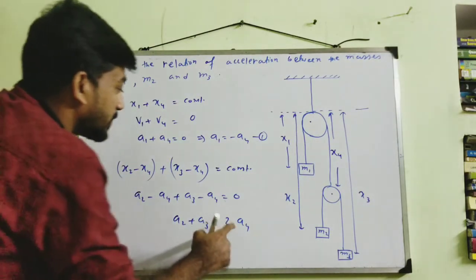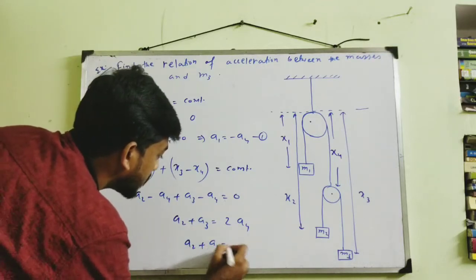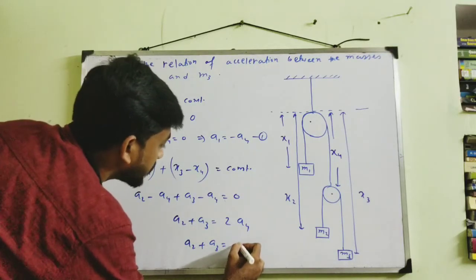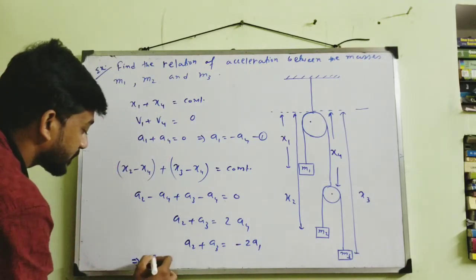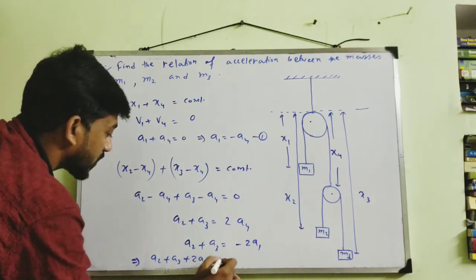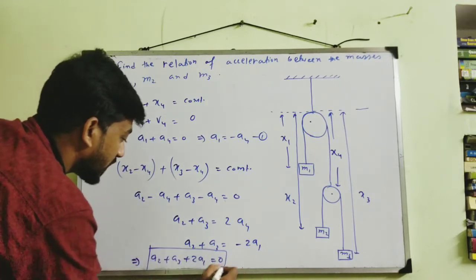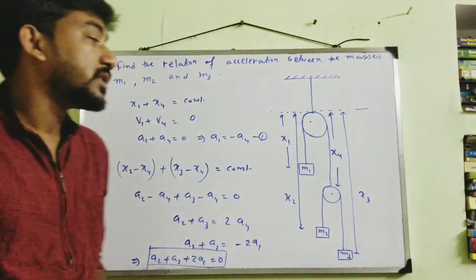So a2 plus a3 equals 2 into minus a1, that is minus 2a1. The final relation is a2 plus a3 plus 2a1 equals 0. This is the relation between the accelerations of the masses m1, m2 and m3.